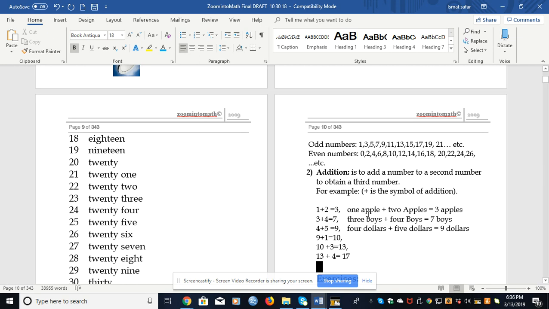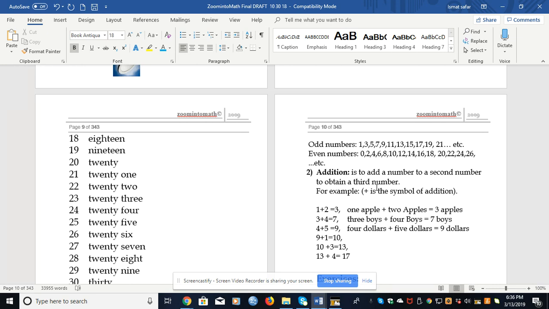We need to use those numbers to add, like we add apples to apples, bananas to bananas, books to books. We add like 2 boys plus 3 boys, 1 girl plus 1 girl equal 2 girls, and so on. So that's what addition is.